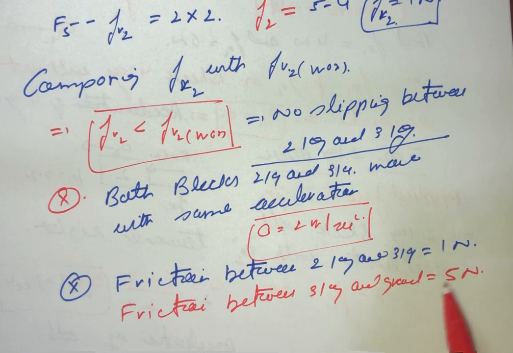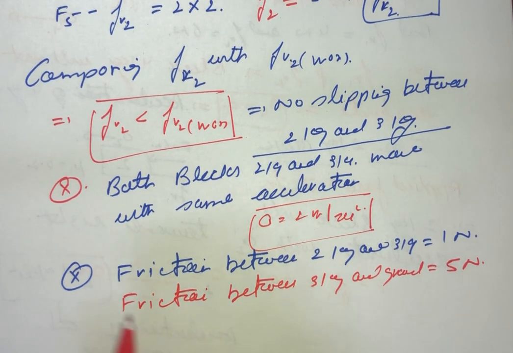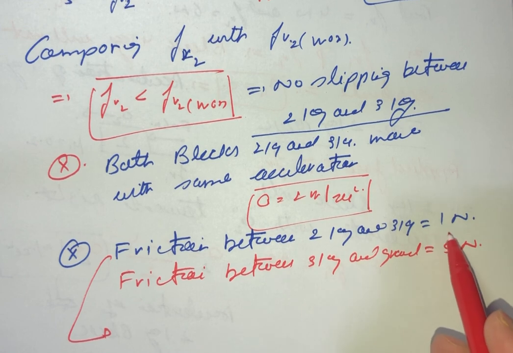Now here let us discuss these 2 points. In the first case, the friction between 2 kg and 3 kg is 1 Newton.